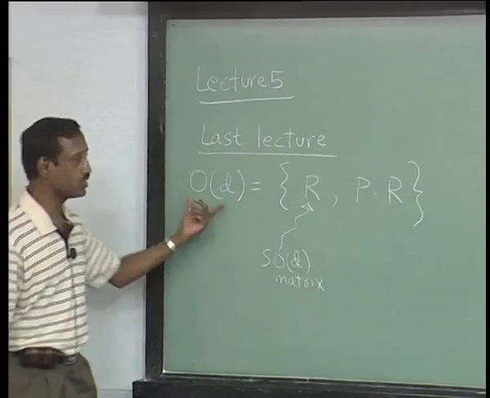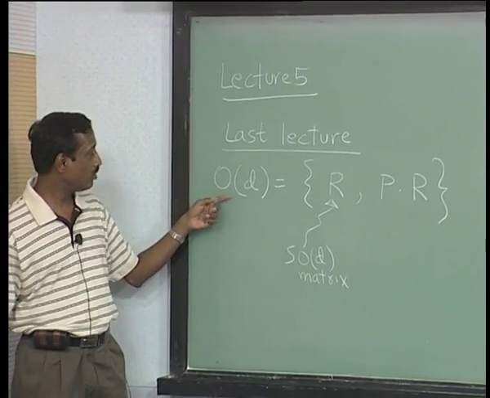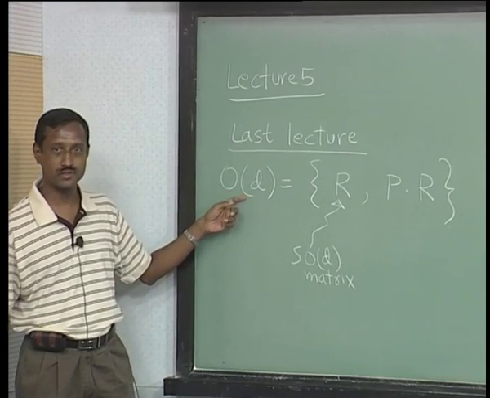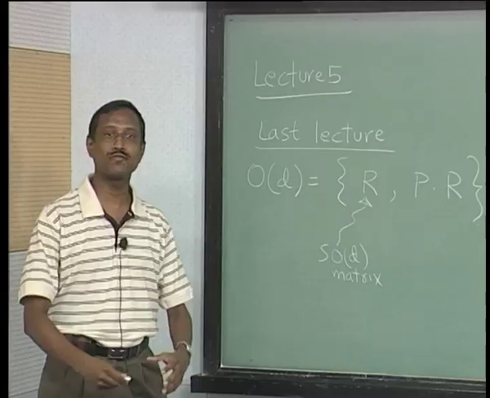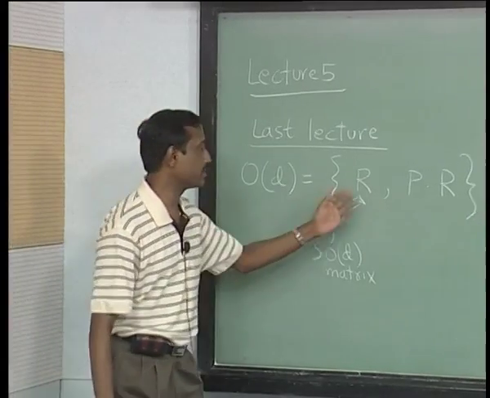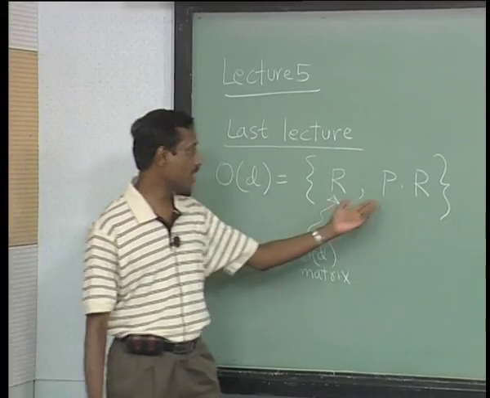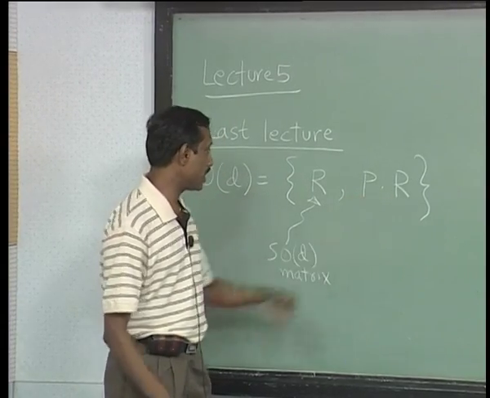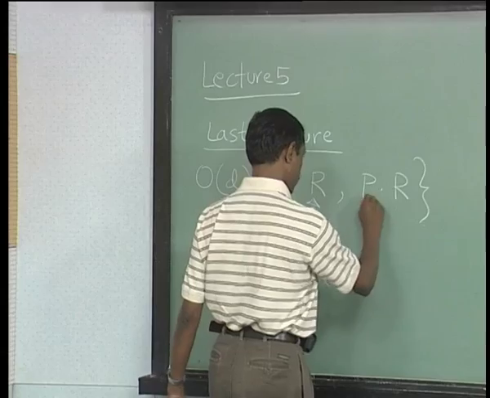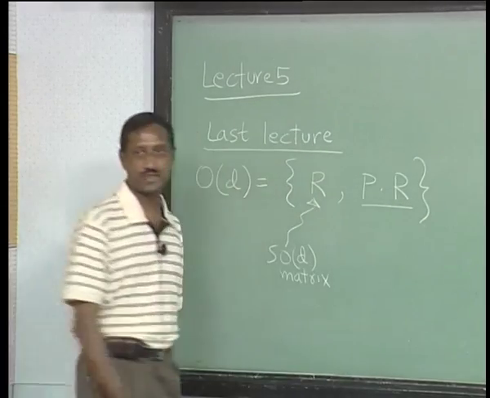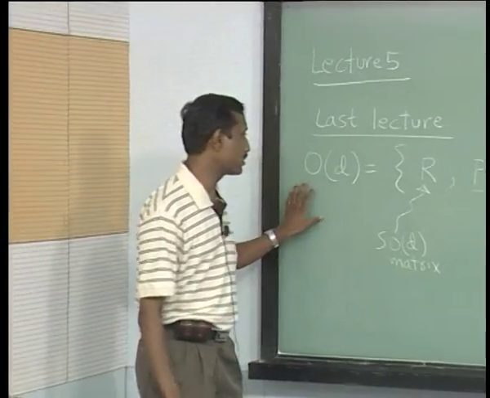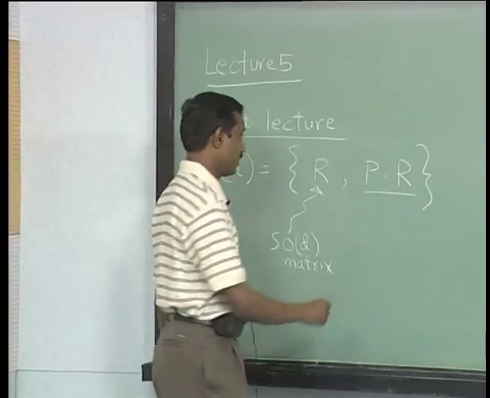Right now you can think of this as the set of OD matrices, and of course the composition rule is the standard thing. It is not hard to see that if you multiply 2 of these elements, you will end up with an element which is out here. I will not prove those things, but this is something we saw last time.